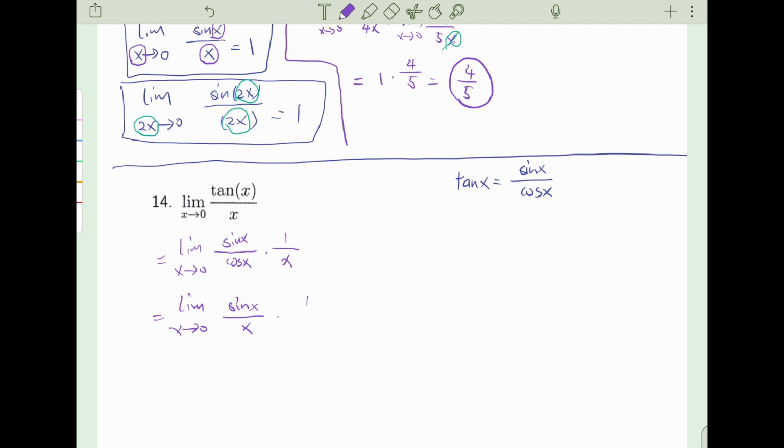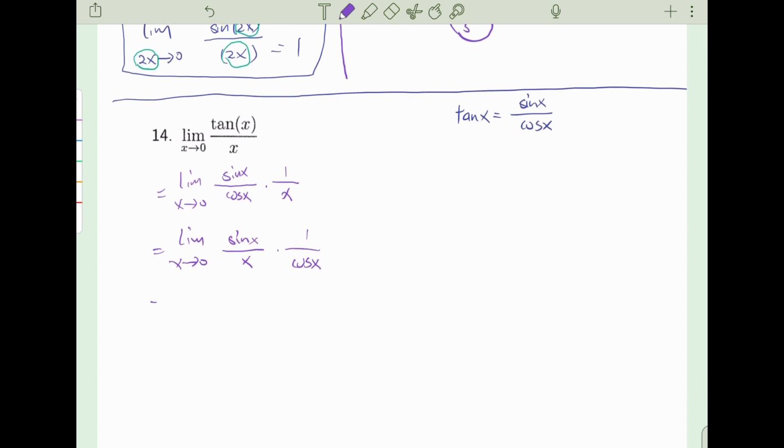The other factor is 1 over cos of x. And now use the limit law to distribute this limit sign over the product. So limit sine x divided by x times another limit, x goes to 0, 1 over this cos of x.